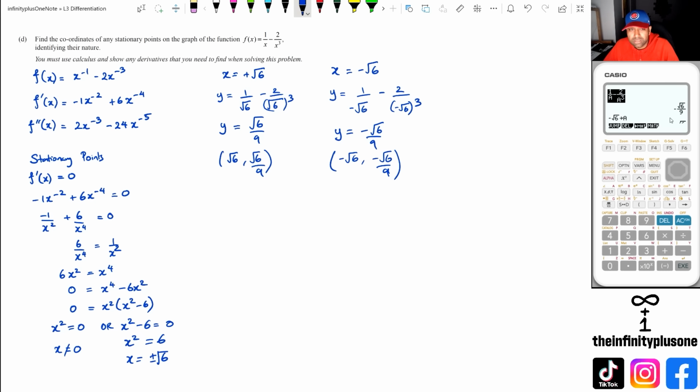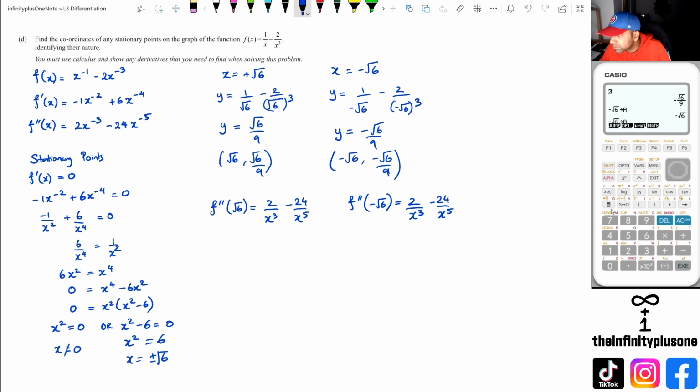Now I need to figure out which one is maximum and which one is minimum. So I'm going to do f double dash of square root of 6, and I've got 2 over x cubed minus 24 over x to the power of 5. So again, f double dash of negative square root of 6, where I've got 2 over x cubed minus 24 over x to the power of 5. So I'm going to do 2 over, let's clear all of this.